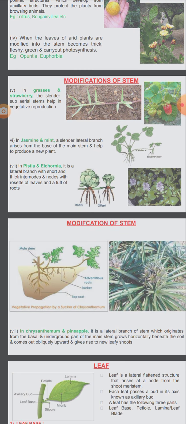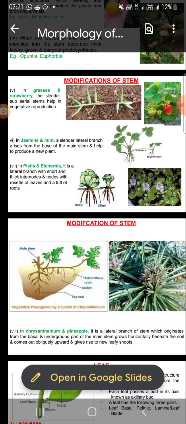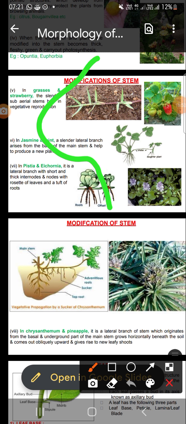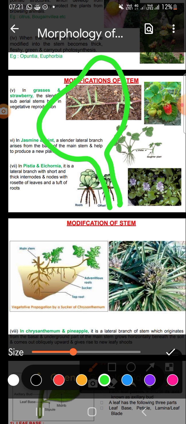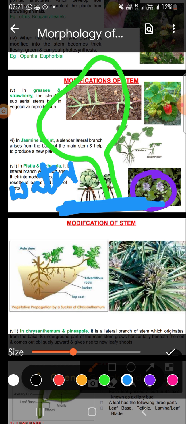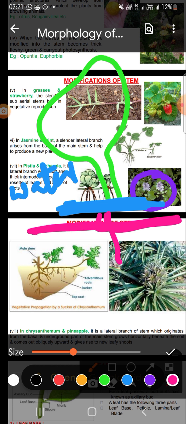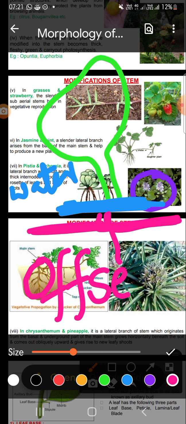And in case of Eichhornia, the leaf has a very peculiar structure. It gives a structure like this, and it also blooms in violet color as you are seeing. And the stem of this plant is also located underwater. You can see only the leaf on the top. This is the water level. Below the water level we will see the stem running in a horizontal manner like this, and the name given to that is offsets.